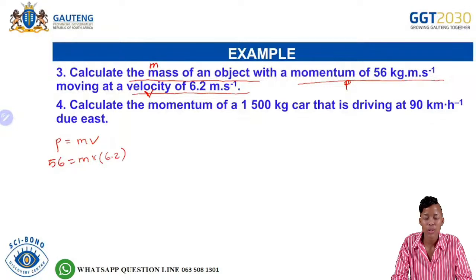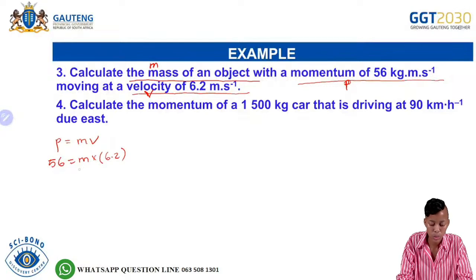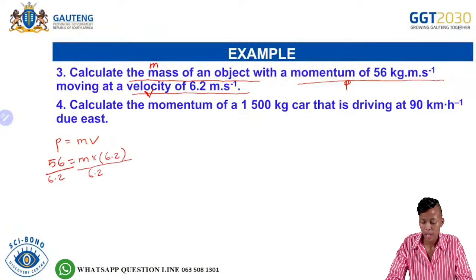How are we going to calculate it? We need to divide both sides by the 6.2 so that we can get rid of the 6.2 on the right hand side. So we divide by 6.2 on the right and divide by the 6.2 on the left hand side. So from there you are going to punch that into your calculator.